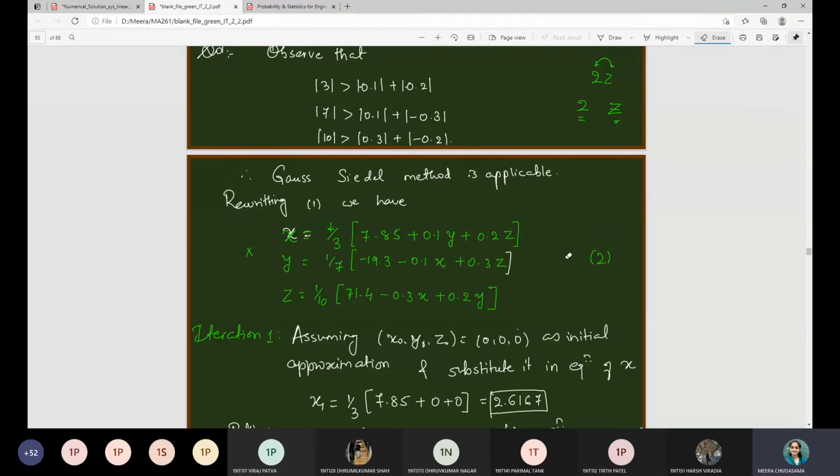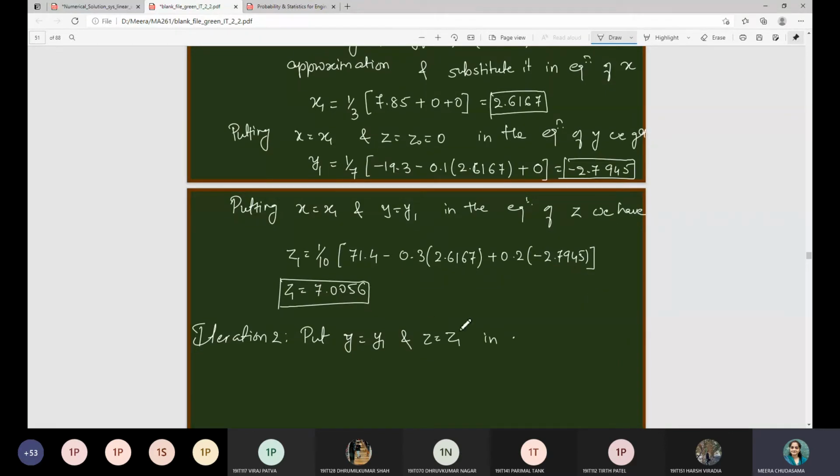So directly you can refer to those equations. So I'm just writing it as small 1, small 2 and small 3, right? So now I will just write 1 instead of the entire line equation of x we get. So put y is equal to y1, z is equal to z1 in 1.